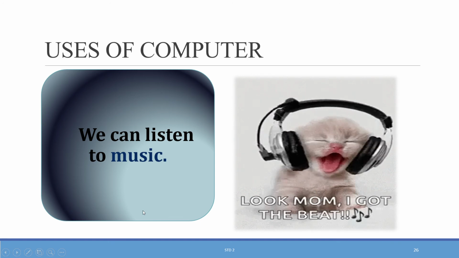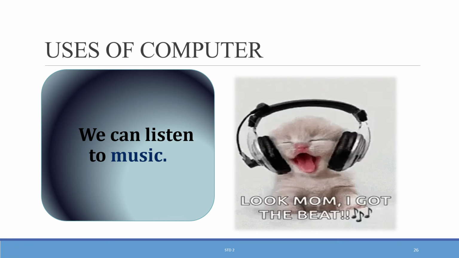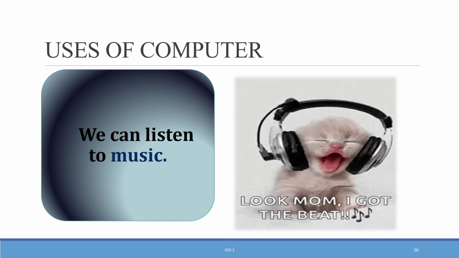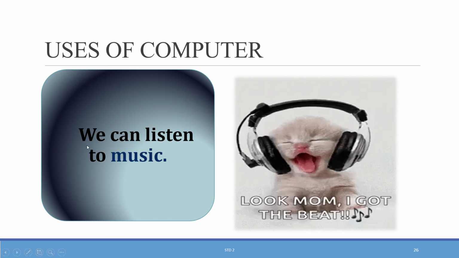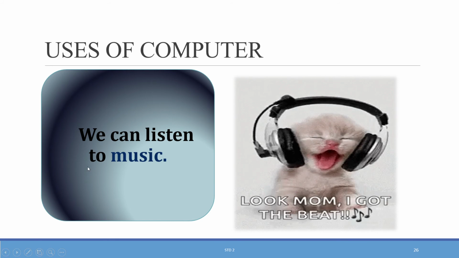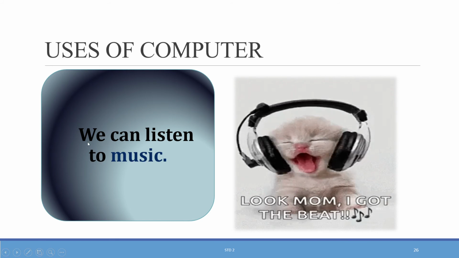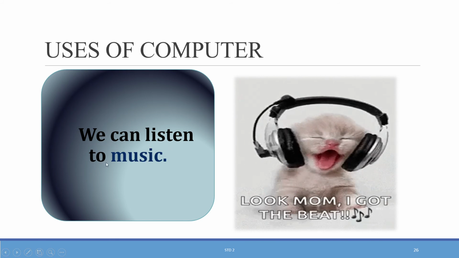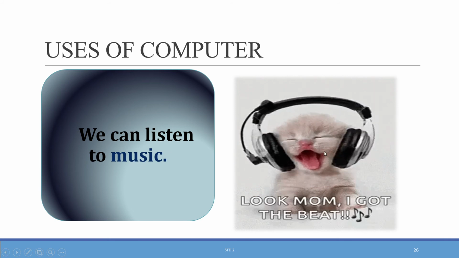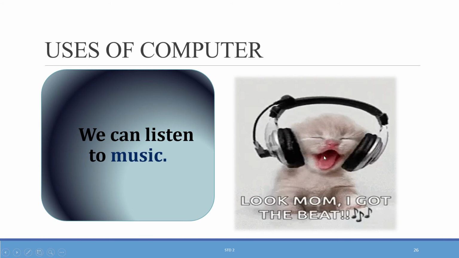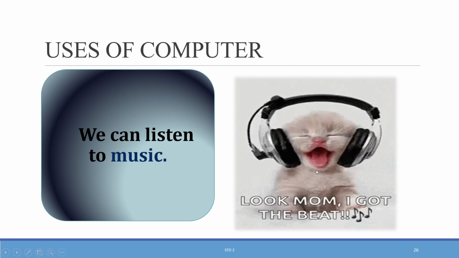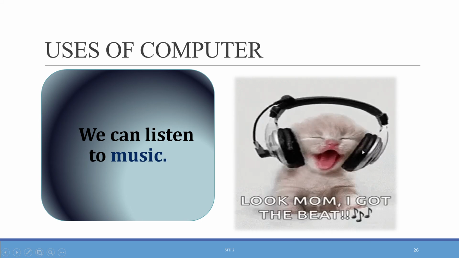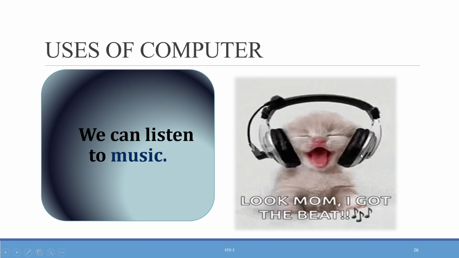Now the next one, uses of computer. What is the use? What I am writing here? We can listen to music. See here the cat. You can see this cat. What is it doing? Which device is it wearing in its ears? Headphones, right? And it is listening to music.